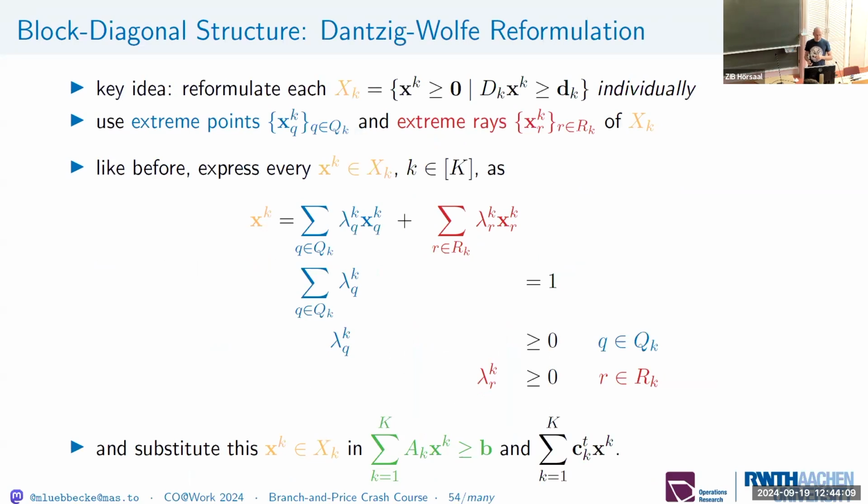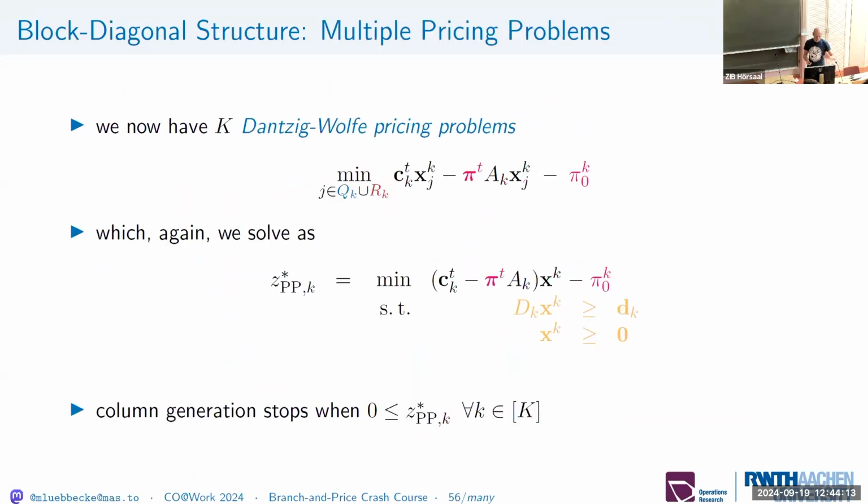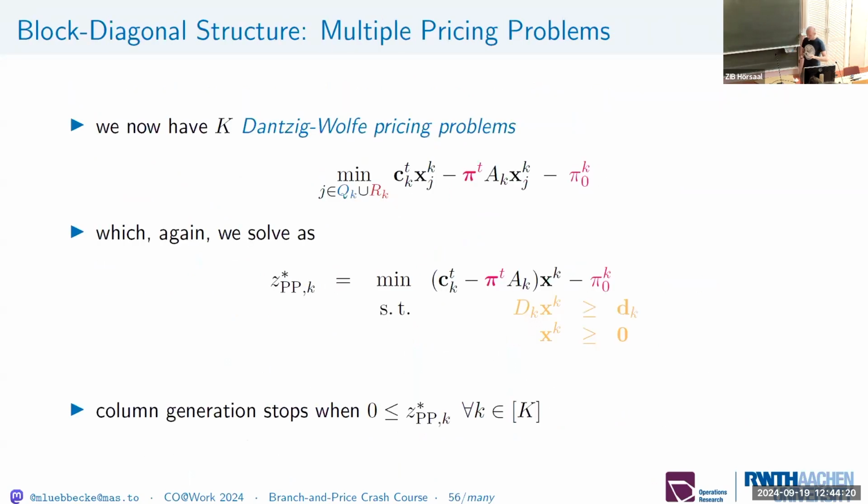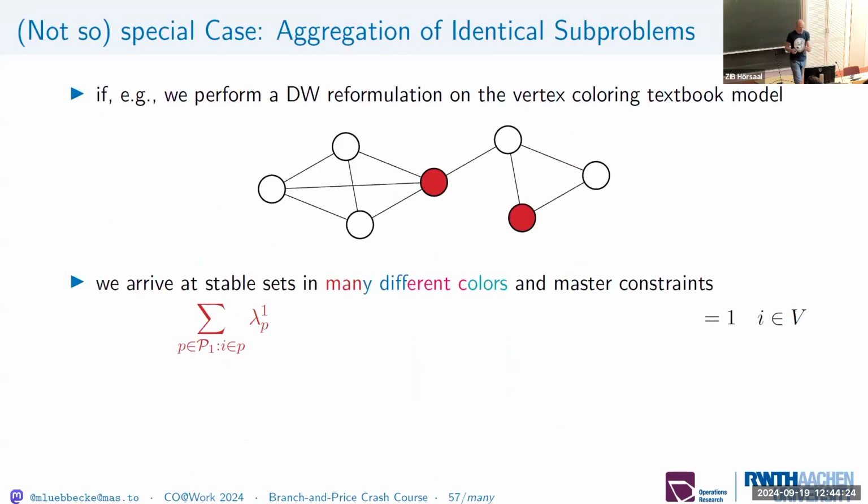Okay. We could go through this, but it's absolutely the same. Maybe one special case, you will get, as before, a pricing problem for every color. So let's look into the special case of vertex coloring, what happens here. Because there we now have a subproblem, find stable sets in every color.